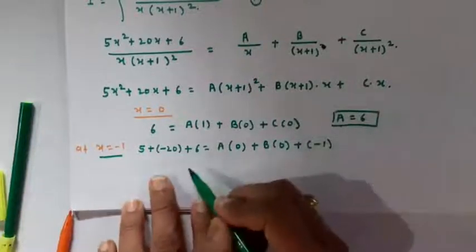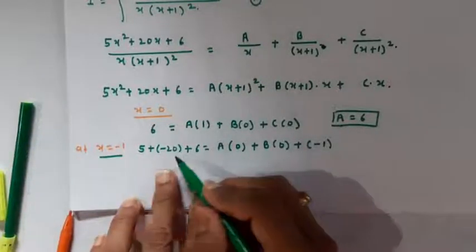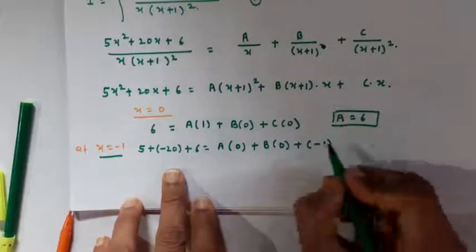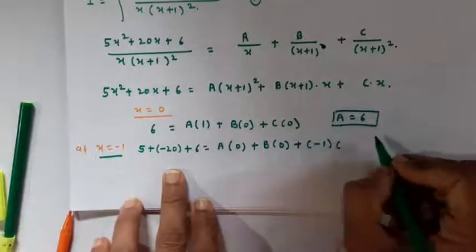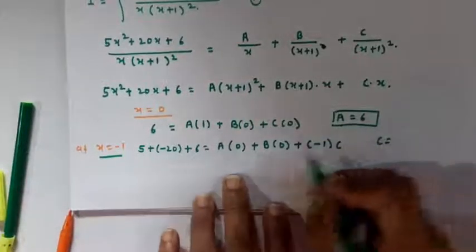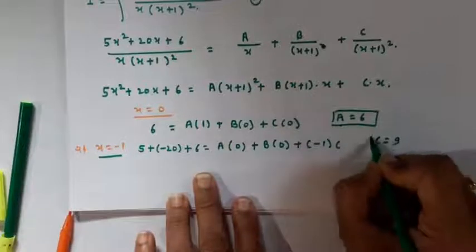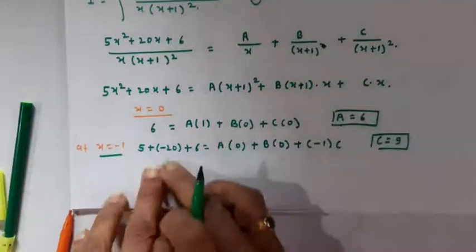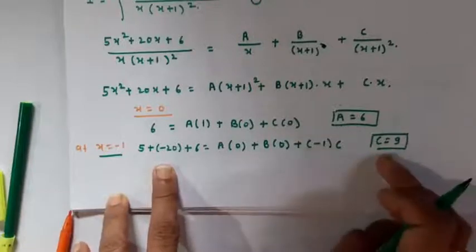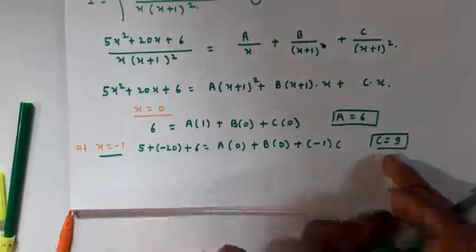Therefore 6 plus 5 is 11, 11 minus 20 is minus 9, minus c equals minus 9, therefore c equals 9.